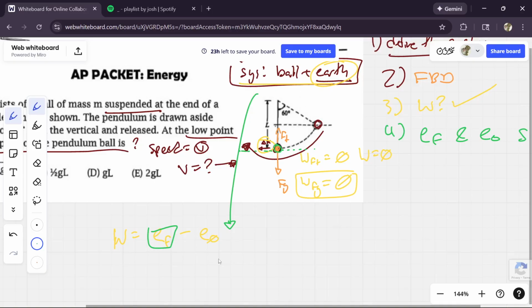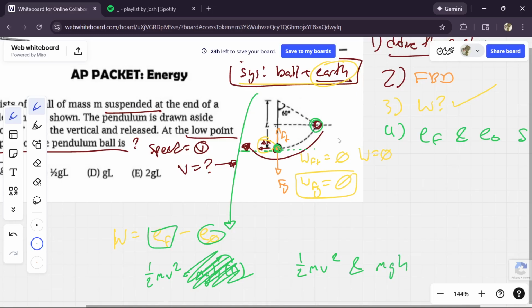When you're looking at your system, if we're looking at the ball, there's going to be kinetic energy. And if we're looking at Earth, there's going to be possibly gravitational energy. But when you actually solve the question and see that the ball is at the bottom here, you plug in zero for the height, and that cancels this whole part out. Same with the initial point up here. You could also consider, what if there is kinetic and there is mgh?